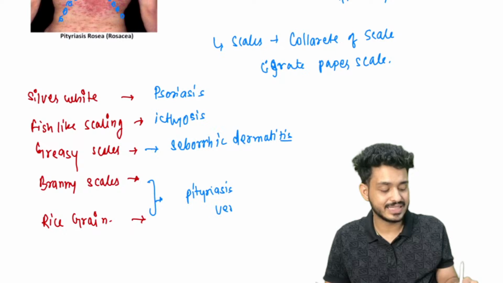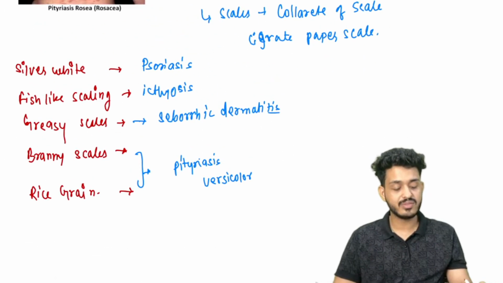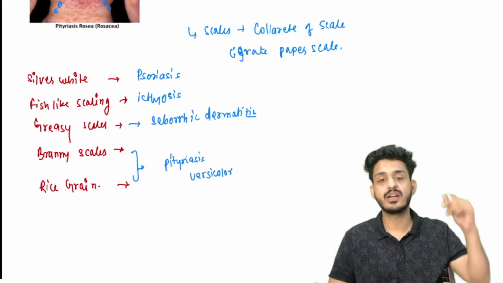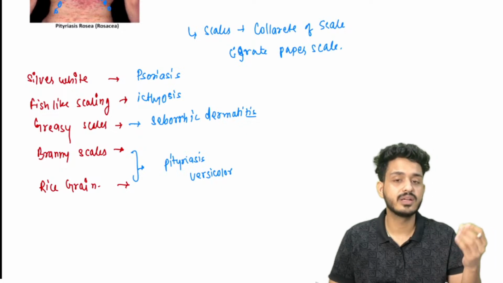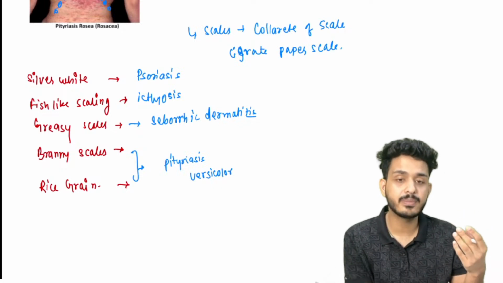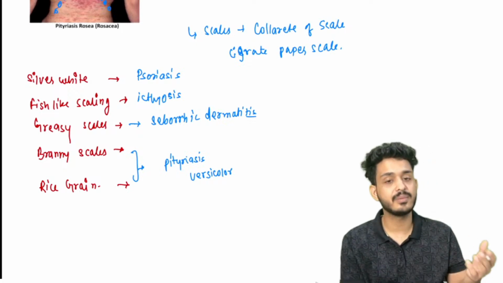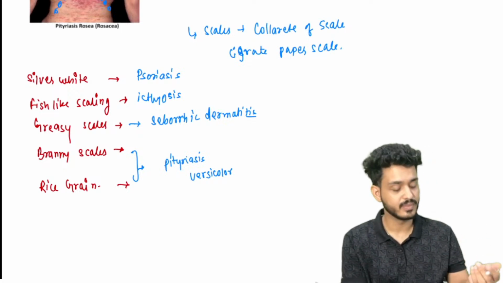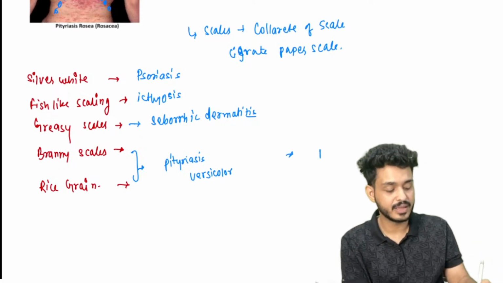Pityriasis versicolor. Versicolor will be having different findings. What are the findings you will be finding in versicolor? That would be present on the trunk. Versicolor means different color will be there. Hyperpigmented patches will be there. What are other things you will be doing? Wood lamp examination you will be doing, and you will be putting it in the SDA agar. What you will be finding? You will be finding fried egg colonies.